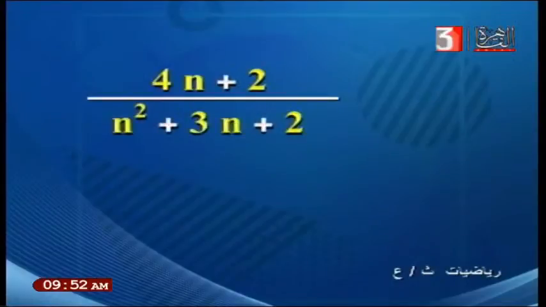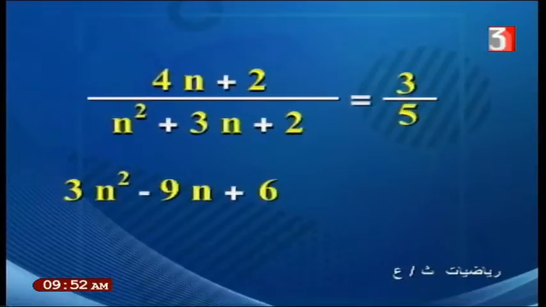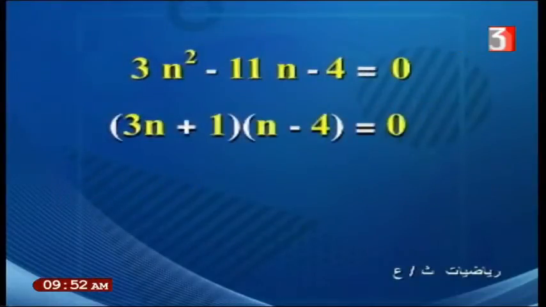Therefore, the left hand side became 4n plus 2 over n squared plus 3n plus 2 over 3 over 5. By using cross multiplication, my dear student, the answer is 3n squared minus 9n plus 9n plus 6 equals 20n plus 10. Therefore, the left hand side became 3n squared minus 11n minus 4.